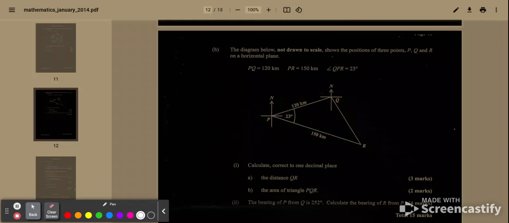We have a known side of 120 kilometers, but it would have to be opposite to this angle, PRQ, but the angle is unknown. If the angle was known, then you'd be able to use the sine rule.